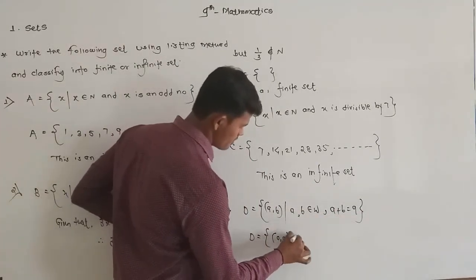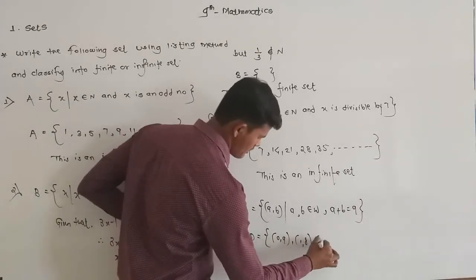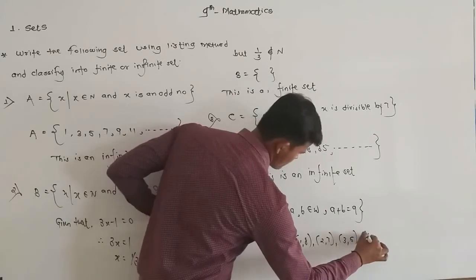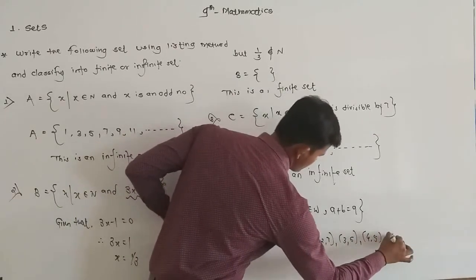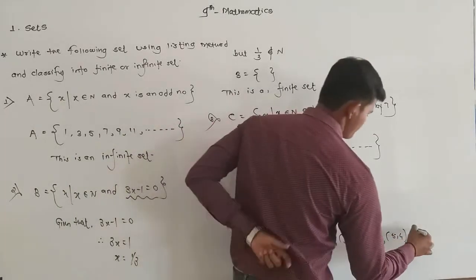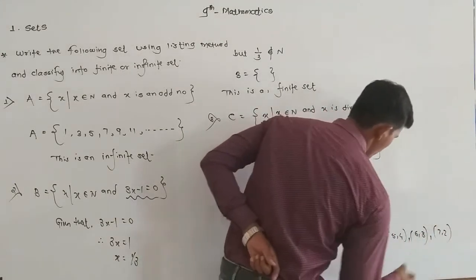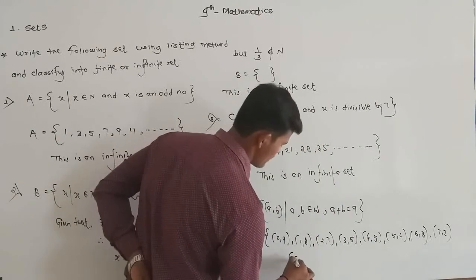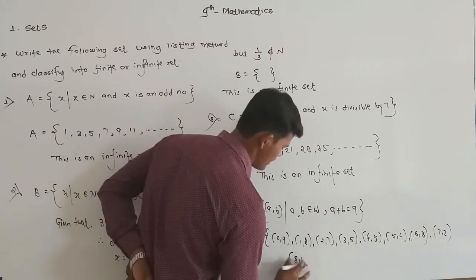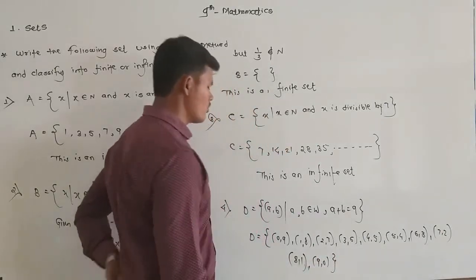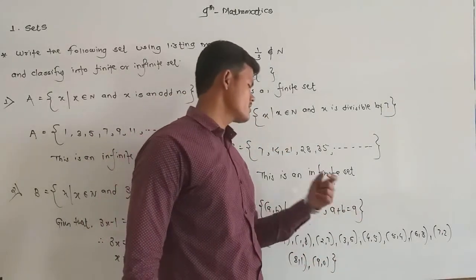So 0, 9; 1, 8; 2, 7; 3, 6; 4, 5; 5, 4; 6, 3; 7, 2; 8, 1; and finally 9, 0 are the pairs of whole numbers whose sum is 9.